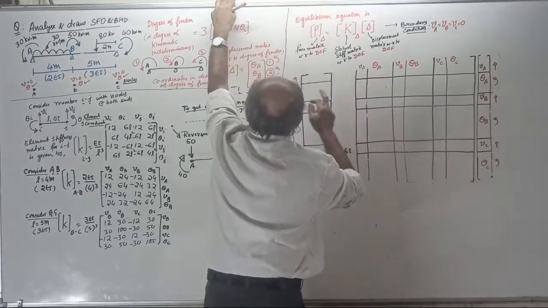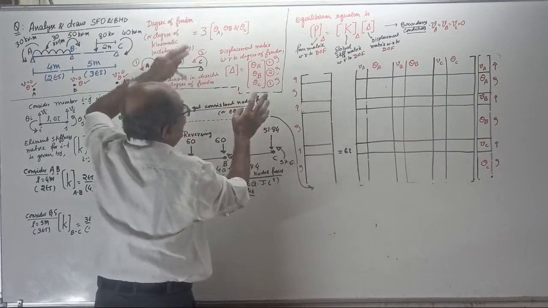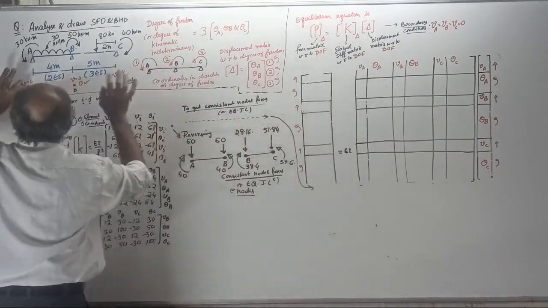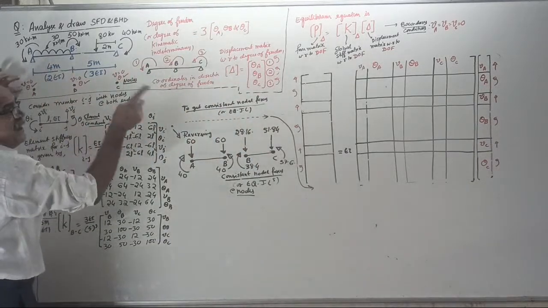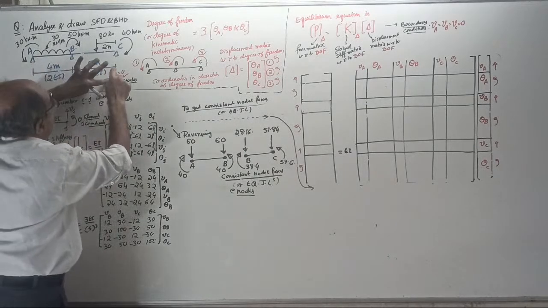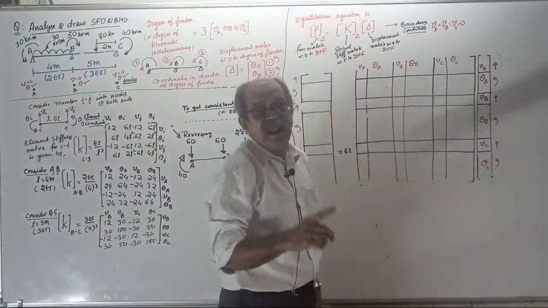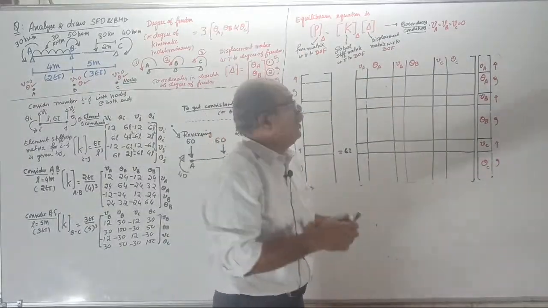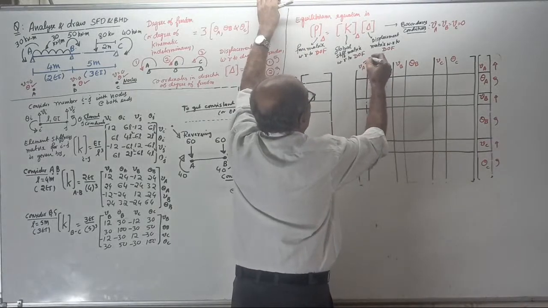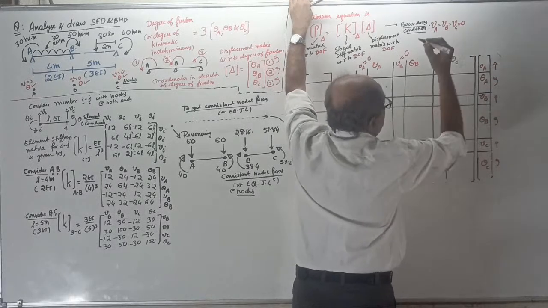You can see here theta A, theta B, theta C are there. But if you correctly come in order, first VA, theta A, VB, theta B, VC, theta C. Write that way. Then write which are zeros: VA equal to 0, VB equal to 0, VC equal to 0.